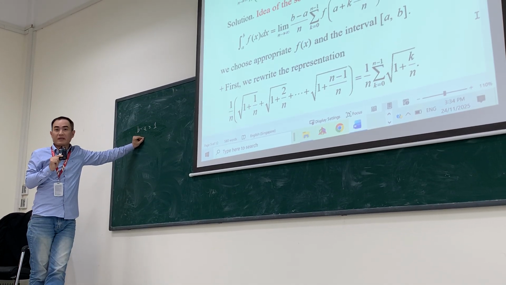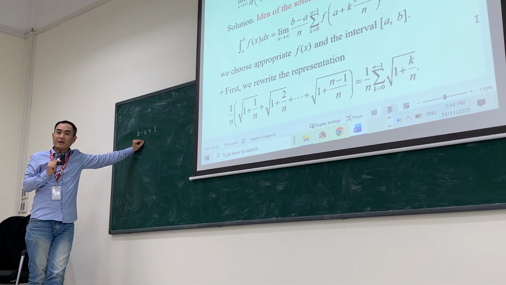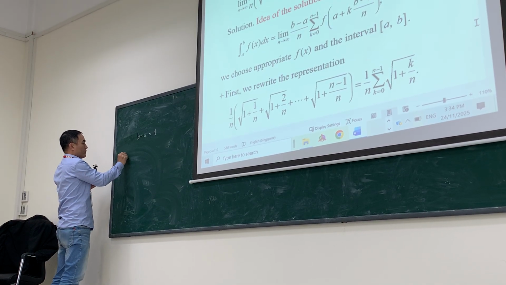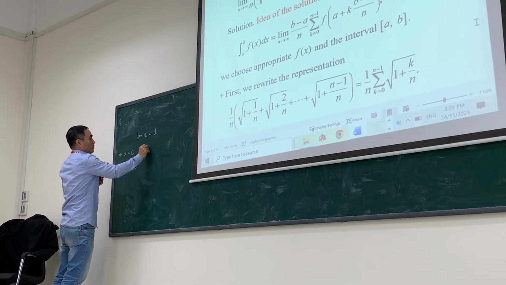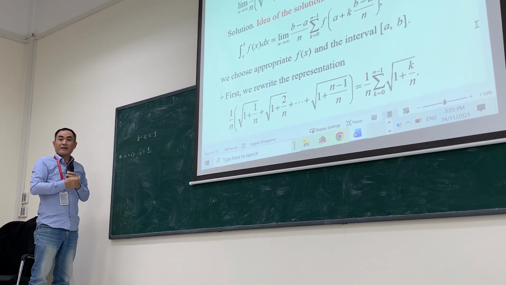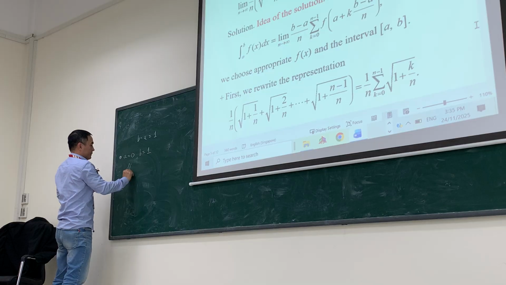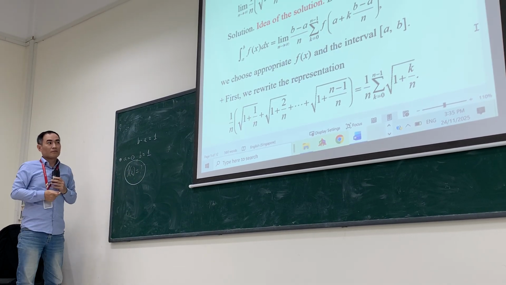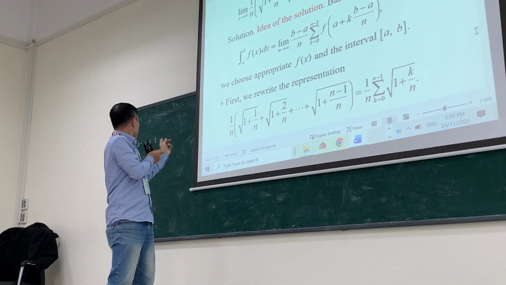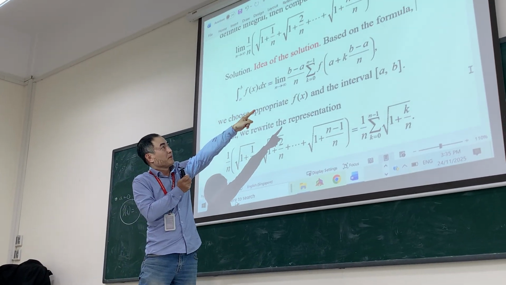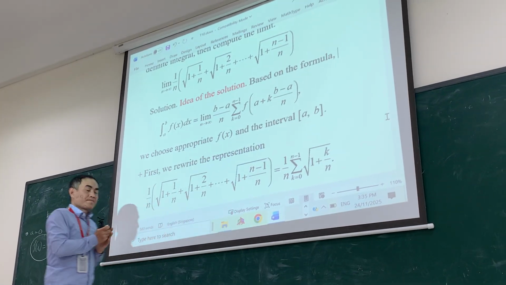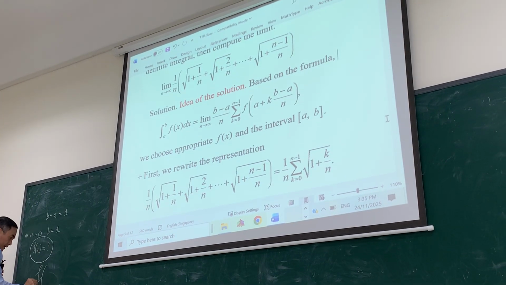We have a lot of choices for a and b. We can choose a equal 0, b equal 1. Now, if we choose a equal 0, b equal 1, the value here becomes f of k over n.